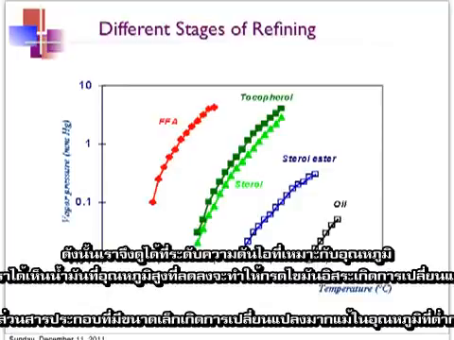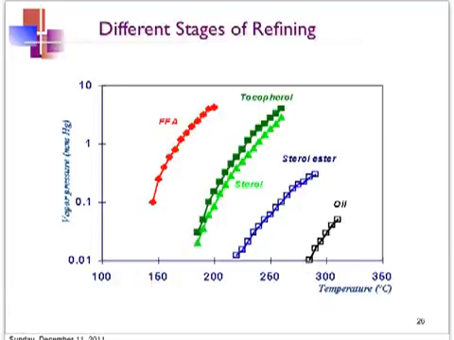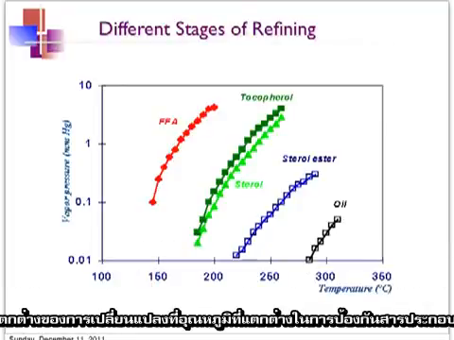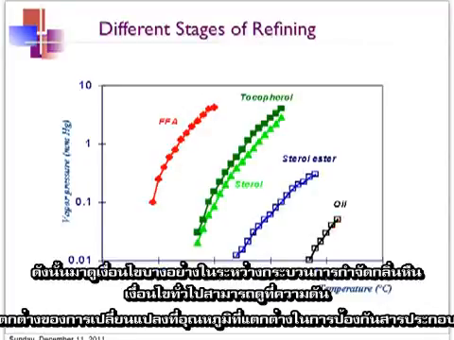For the oil, it requires high temperature to make it volatile, whereas free fatty acid, which is a smaller compound, is more volatile even at lower temperature. So the different degree of volatility at different temperatures enables these different components to be separated from the oil.